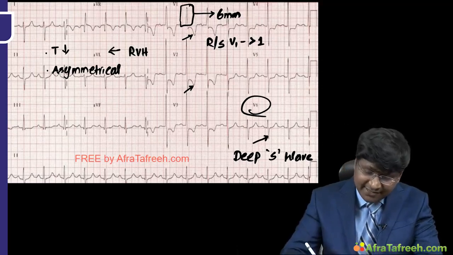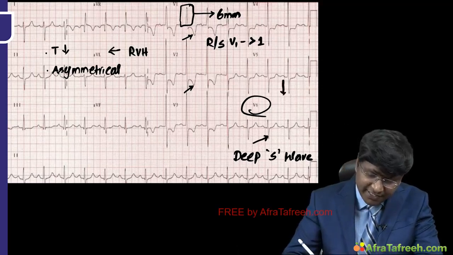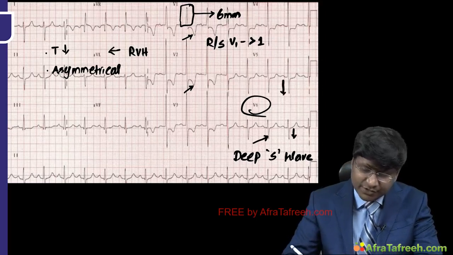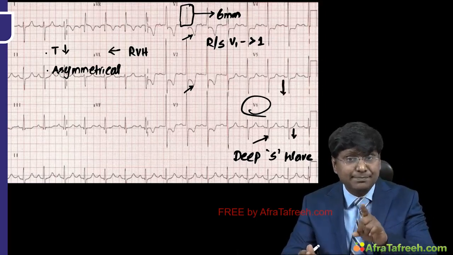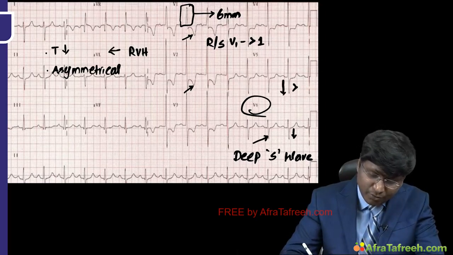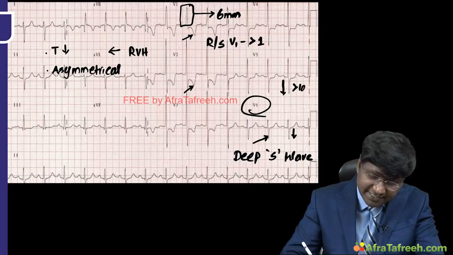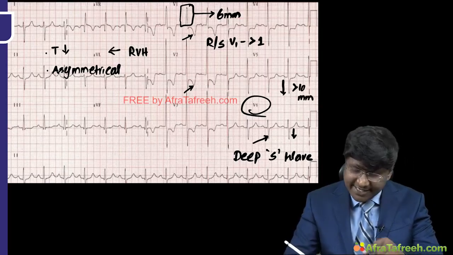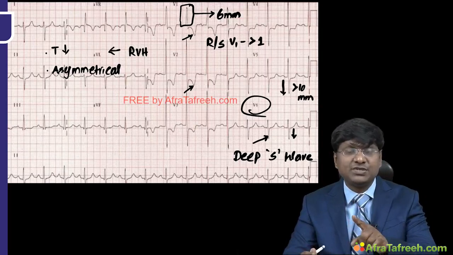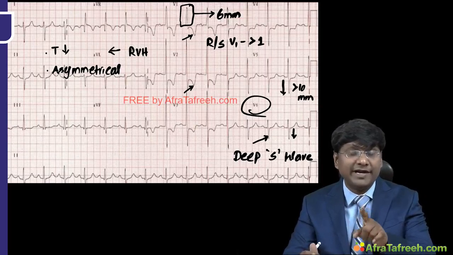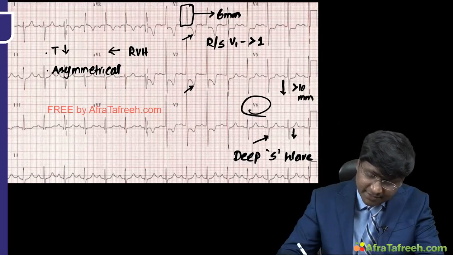And if you take the depth of the S wave in V5 as well as V6, in V5 the depth of the S wave should be more than 1 millivolt, which is nothing but more than 10 mm. In V6, the depth of the S wave should be more than 0.3 millivolt, which is nothing but more than 3 mm.